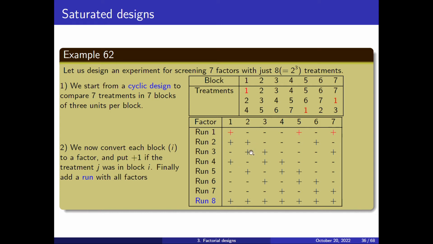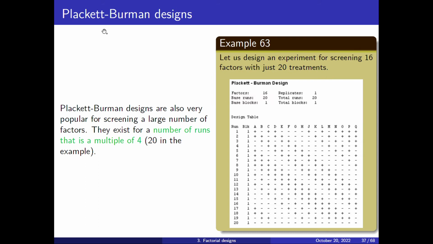I said it wrong at the beginning. So only these factors will be high in these runs, and all the rest will be low, and we add an extra point that will be all of them high. Okay, so these are called saturated designs.